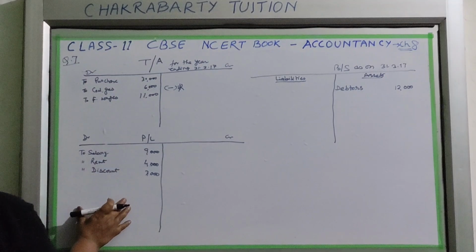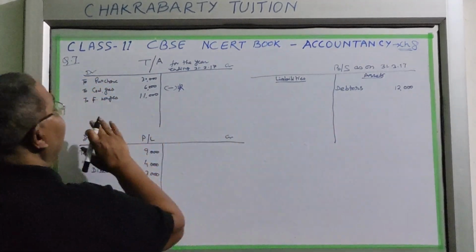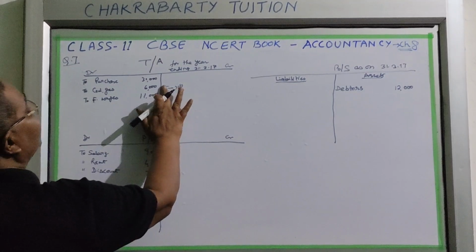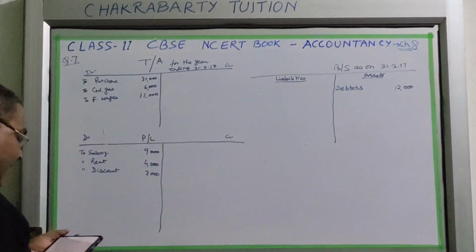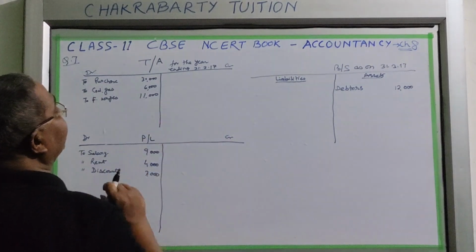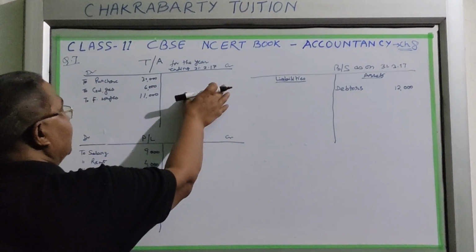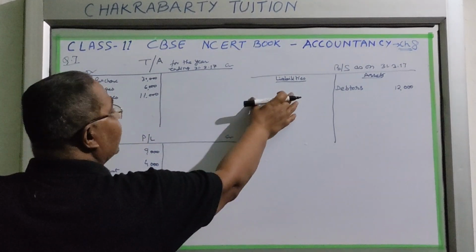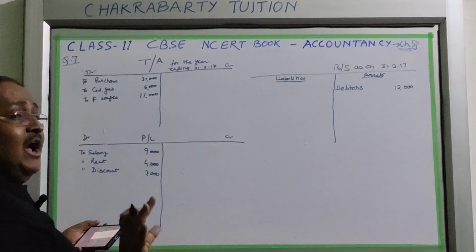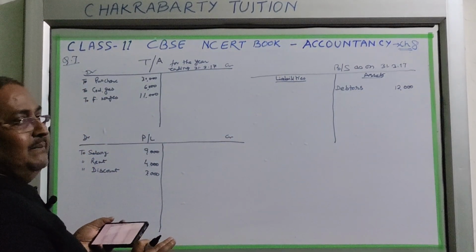Otherwise, all debit items come here, and if the side changes due to the marshalling rule, the sign will change to minus. This applies to credit items also. Whatever credit item is in the trial balance comes here, here or here. These three sides always cover all the credit items of the trial balance.